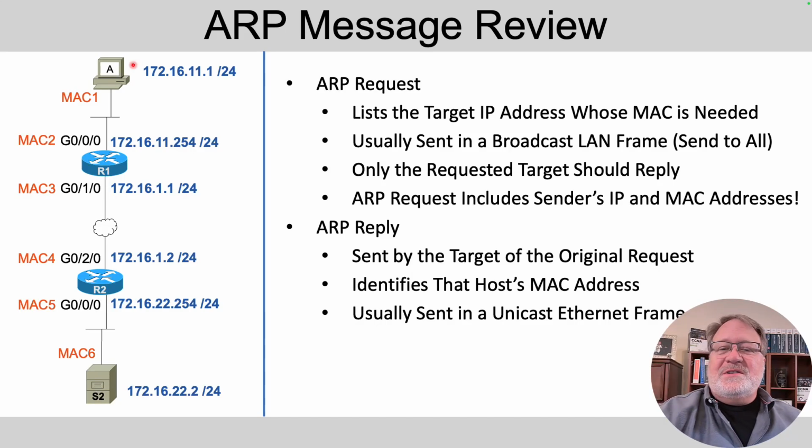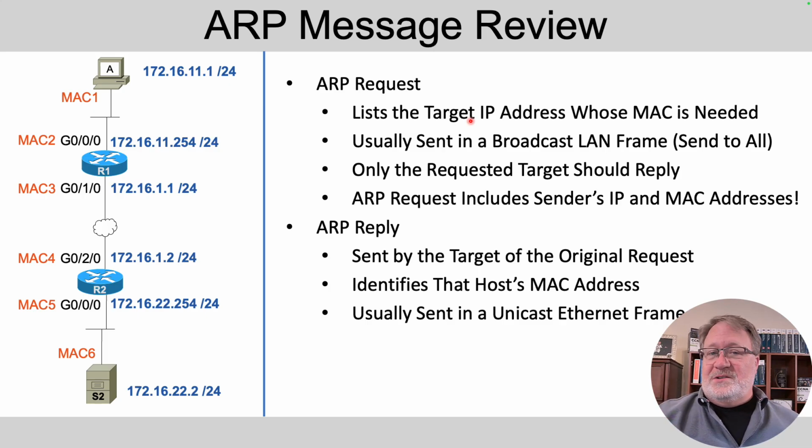So remember, host A is generating a packet to send to server S2 with all empty ARP tables, all right? So let's think about the ARP messages created by these devices in this case. So the ARP request, it lists a target IP address, that is the one it wants to discover the associated MAC address of.